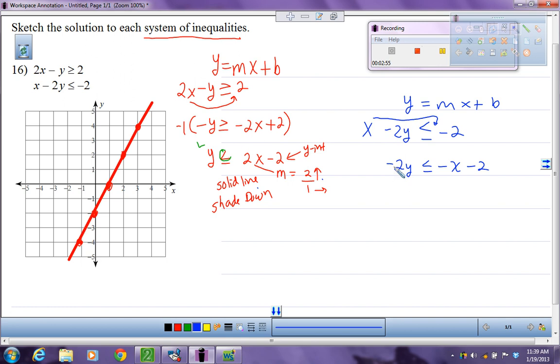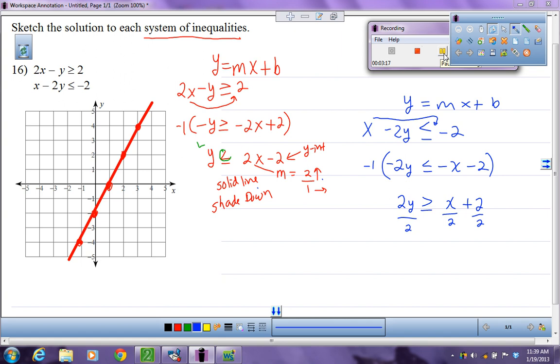And then my y has a negative, so I'm going to do the cambio el mundo. So that means everything changes, even the inequality. Basically, you multiply both sides by negative 1. And then you can leave the y by itself by dividing by 2. So you end up with y is greater than or equal to 1/2 x plus 1.